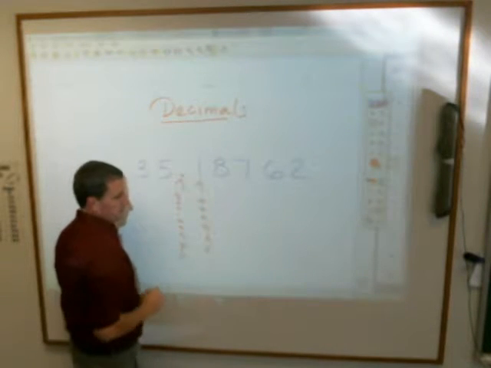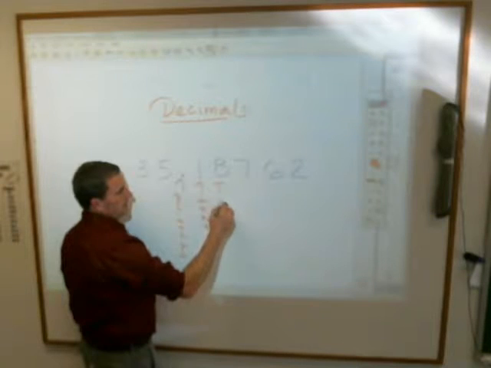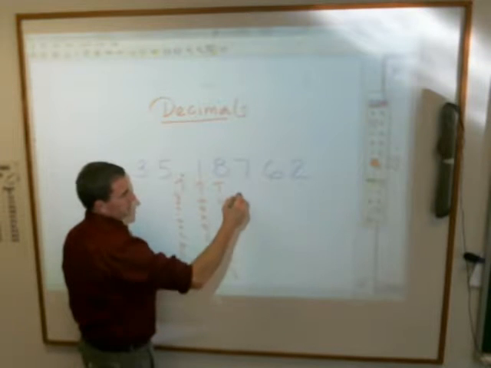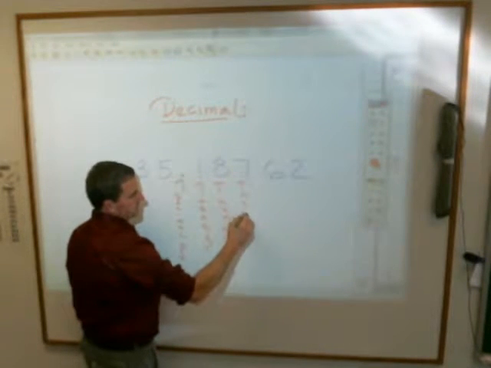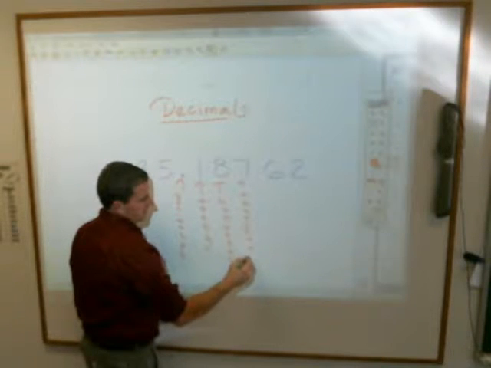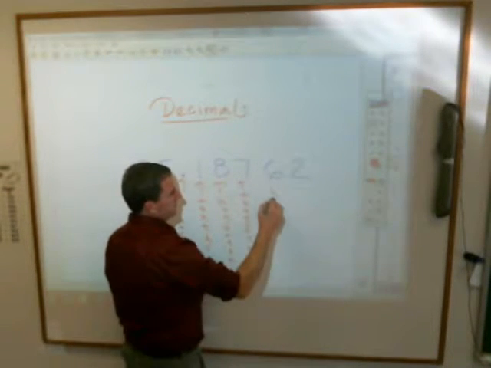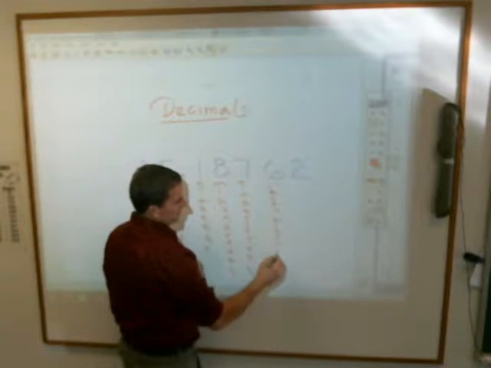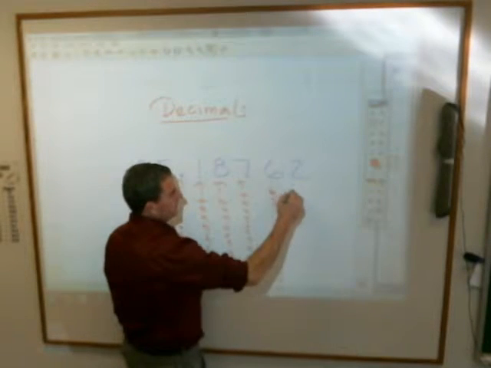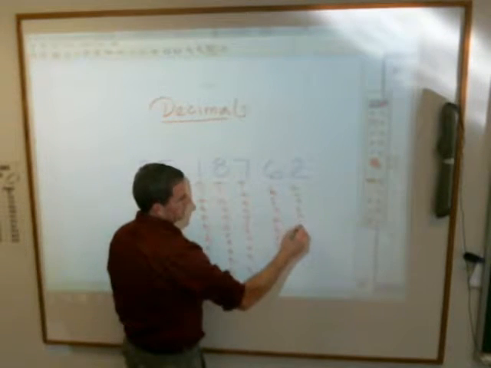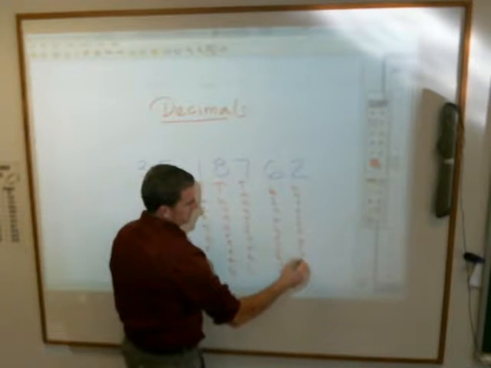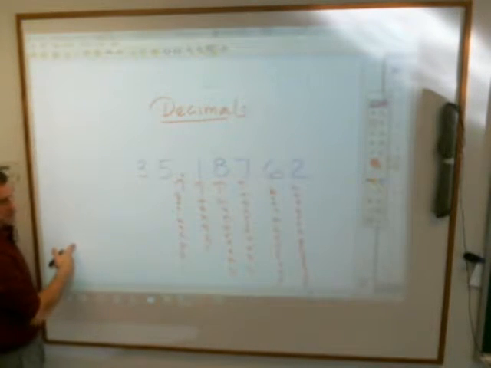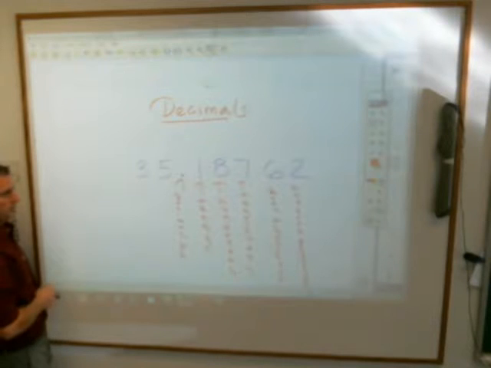Then it goes the hundredths, with the TH, then the thousandths place, then the 10,000ths place, and then the 100,000ths place. You have to have that TH, otherwise it puts it way over here in the 100,000s place, and nothing could be farther from the truth.